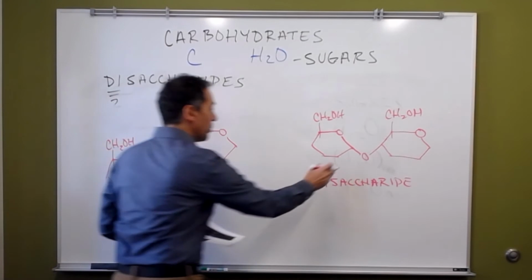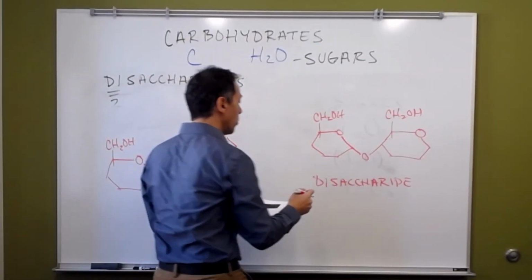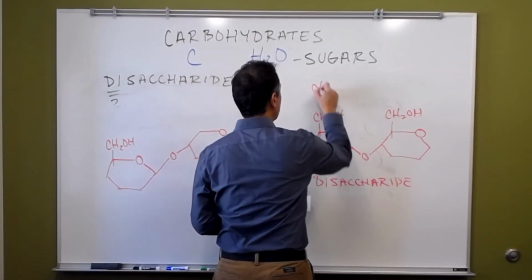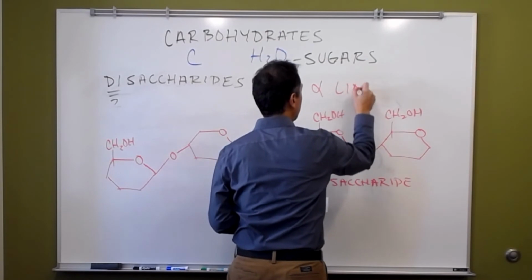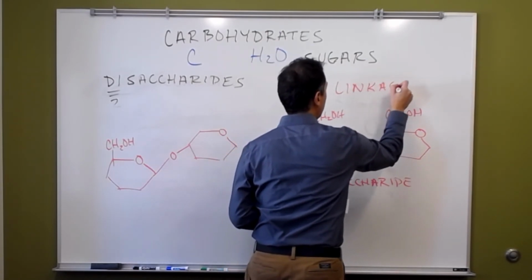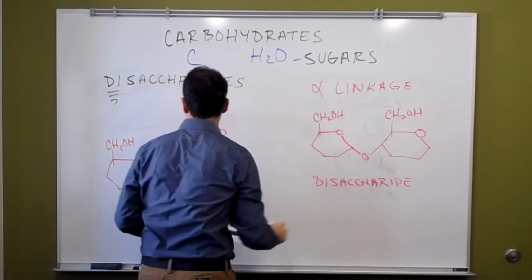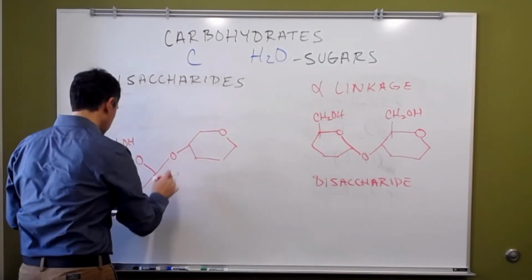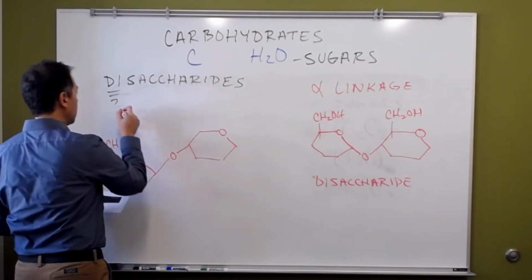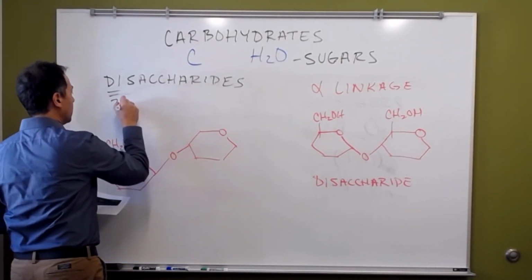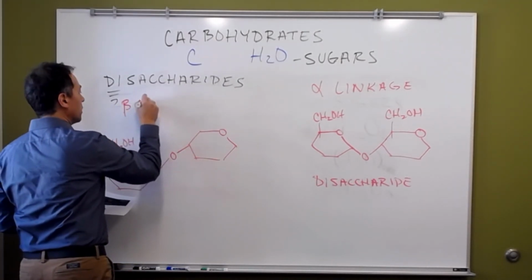If it's coming down like this, that's what we call an alpha linkage. And if it's going up like this, it's called a beta linkage.